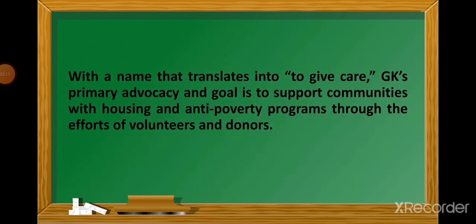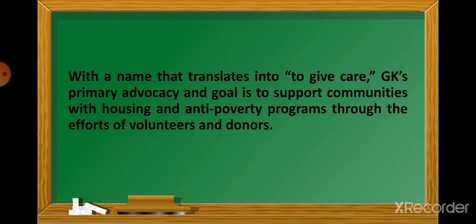So with a name that translates into "to give care," GK's primary advocacy and goal is to support communities with housing and anti-poverty programs through the efforts of volunteers and donors.